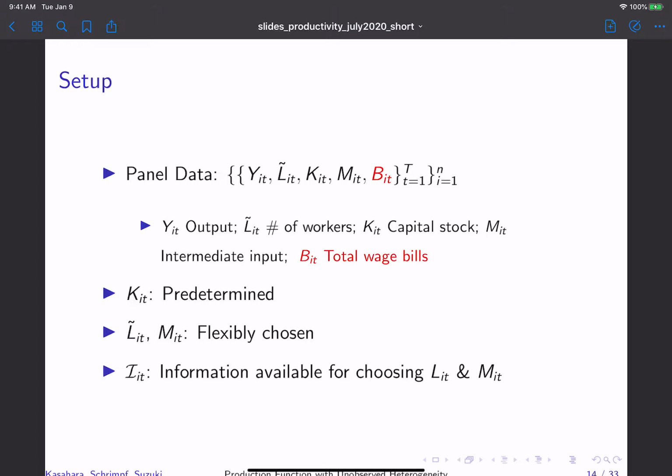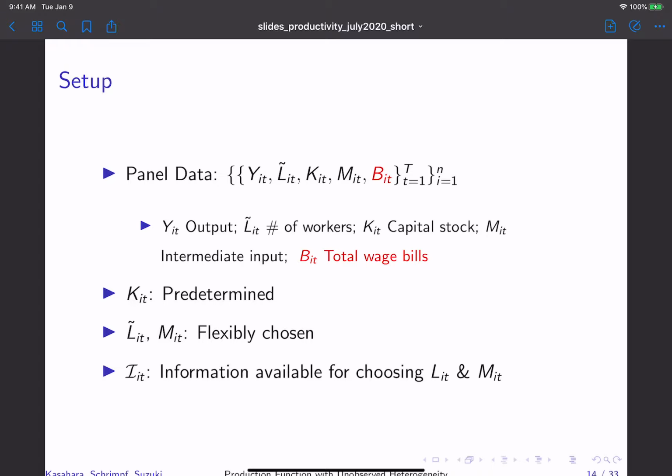We're going to think about panel data, the typical panel data we can get access to, which has output, number of workers, capital stock, and intermediate input. Importantly here, we're also going to use total wage bills to control for the potential heterogeneity in the quality or number of hours of the workers.